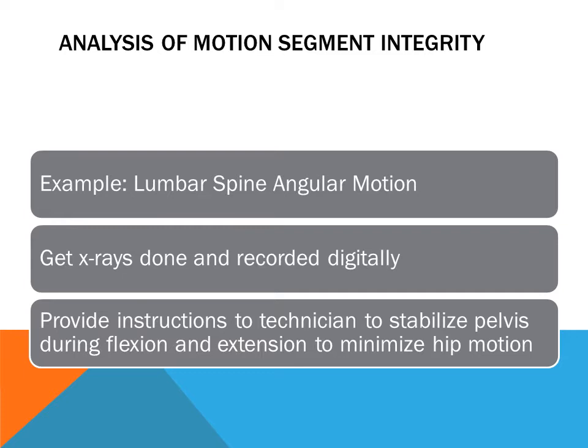So get the x-rays done and recorded digitally. If you have an old x-ray machine and sometimes the quality of your images is not ideal, you're going to want to upgrade your images in order to perform accurate analysis of motion segment integrity. And it's worth sending the injured worker out to a local imaging facility.